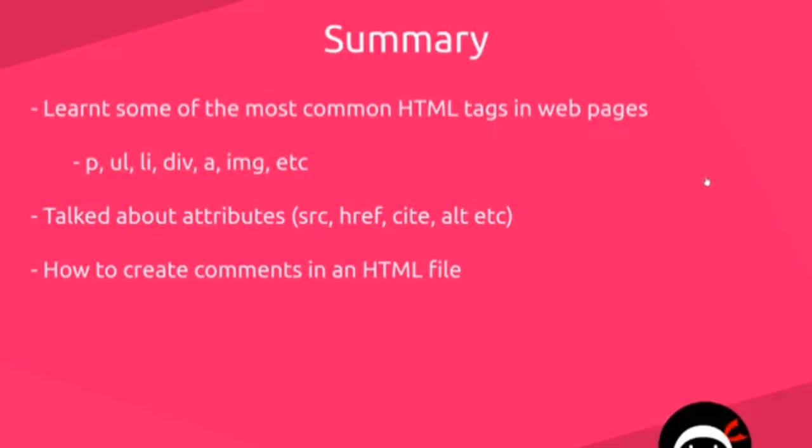For example, we have a source attribute for images to say where the image is kept, the path to that image. We also have the href for anchor tags, which says to the browser where we want to go when a user clicks on that link. We have the cite for block quotes, and we have the alt for image tags. So we've seen those as well. And there's more attributes that we're going to use in the future, not just these ones. This was just a bit of an introduction to them.